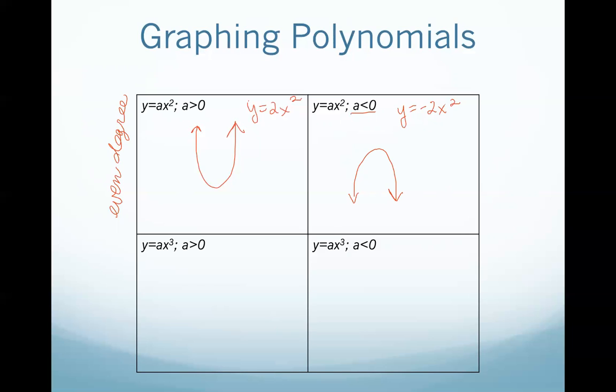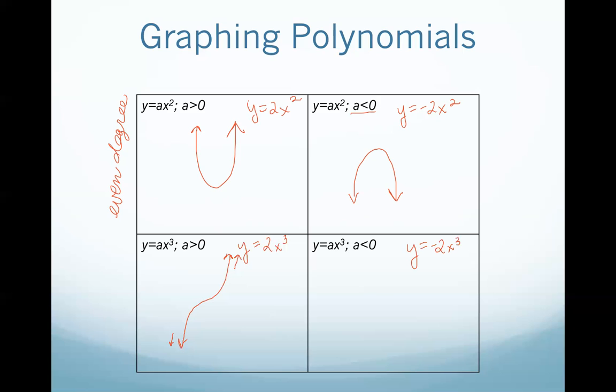Okay, but what about when that exponent is odd? So let's look at what happens when we have y equals 2x cubed. Now you can try this on your calculator if you'd like to, but if you graph y equals 2x cubed, it looks like someone doing the disco. Okay, now it's very important the right side goes up and the left side goes down, because what happens when we have a negative coefficient?